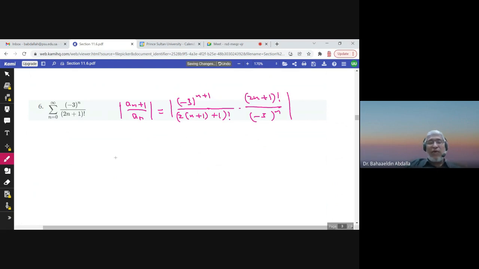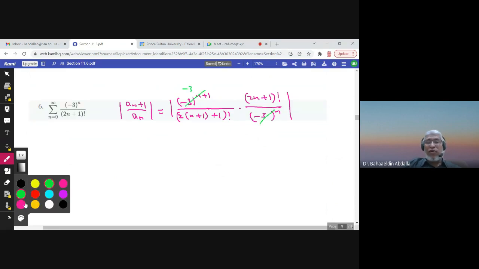Well, the absolute value will get rid of the minus, and also this cancels with this, and I'll have -3, but the absolute value will get rid of the minus. And here I have 2n plus 2 plus 1, so I can write it (2n plus 3) times (2n plus 2) times (2n plus 1) factorial, and this cancels with this.